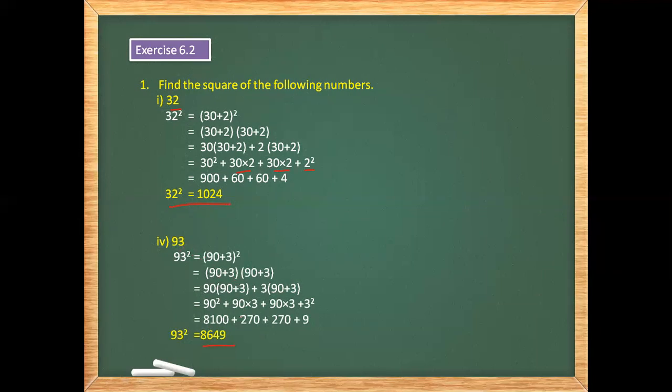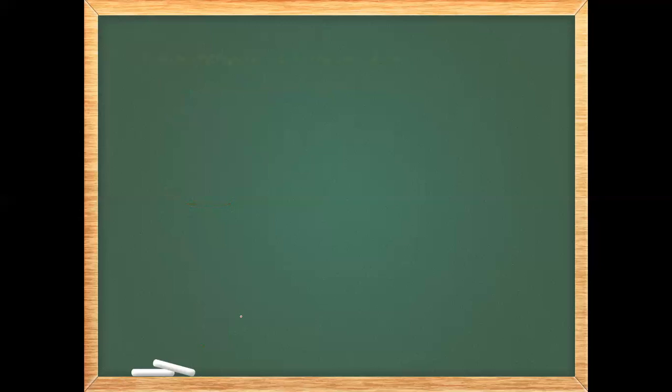Understood children? Now, see question number 2. Write a Pythagorean triplet whose one member is 6. Now, what I told you, we are having 2m, m squared minus 1 and m squared plus 1 as the Pythagorean triplet.